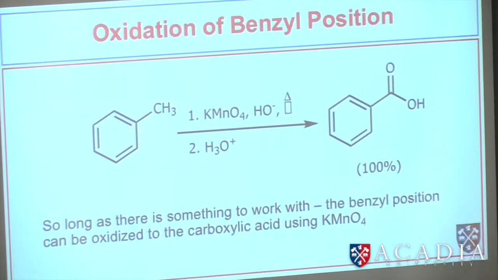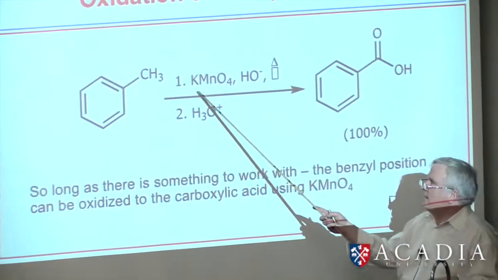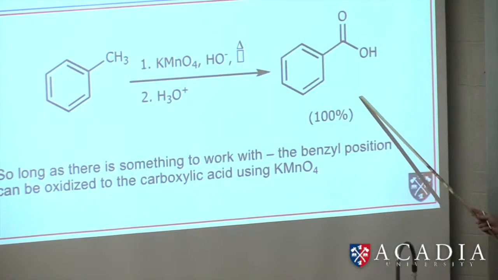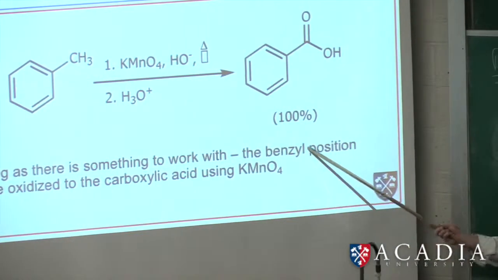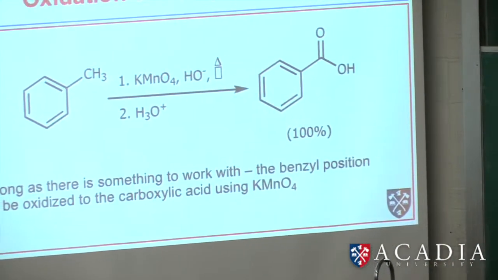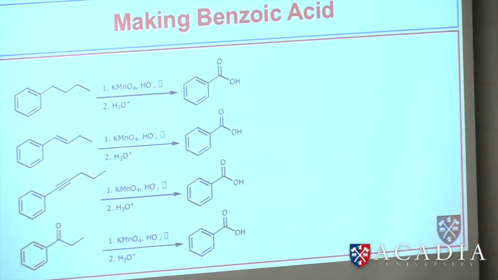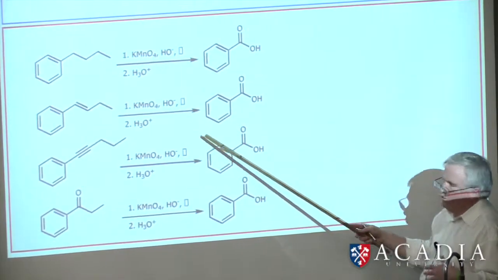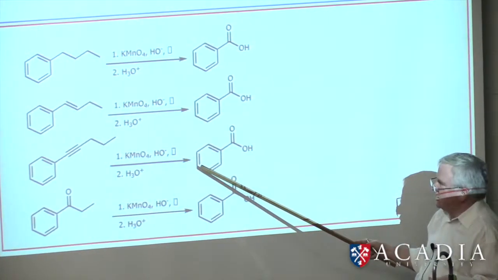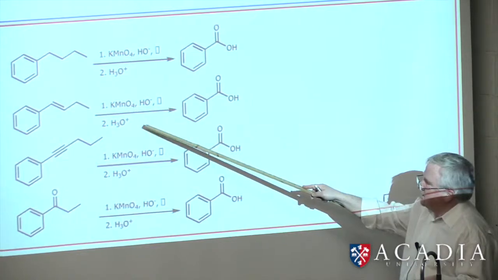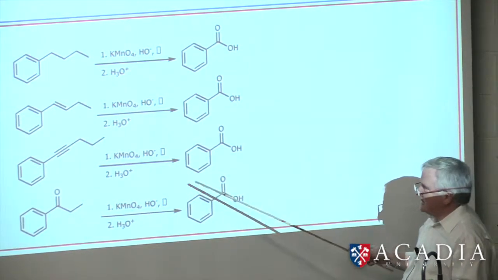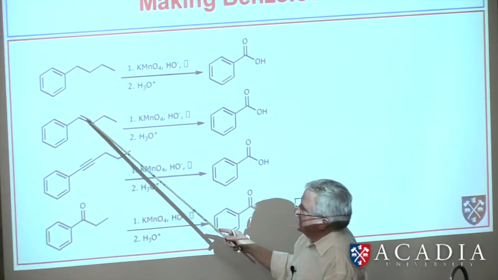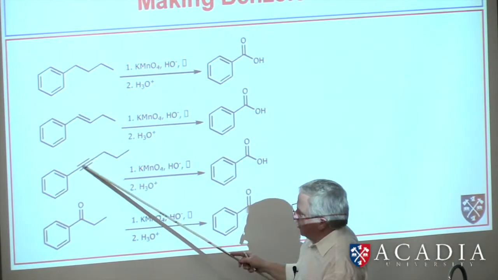As it turns out, benzylic positions are quite easily oxidized with KMnO4, and they go completely to the benzoic acid. All we really need is something to work with in that benzyl position, and we can make benzoic acids. All of these compounds will get oxidized. All of these are supposed to be heat, by the way. We need to use fairly harsh conditions, but we do the oxidation, then we work it up with acid, and we get benzoic acids. As long as we have either a benzylic hydrogen or an sp2 hybridized carbon there, or sp3.